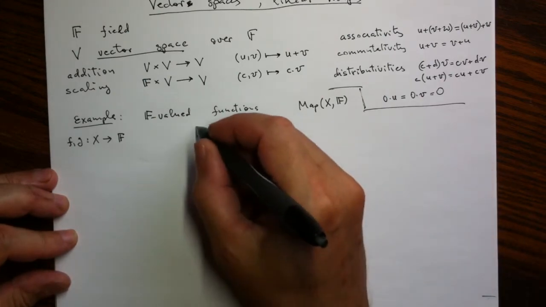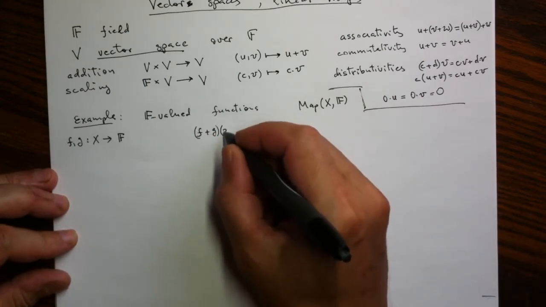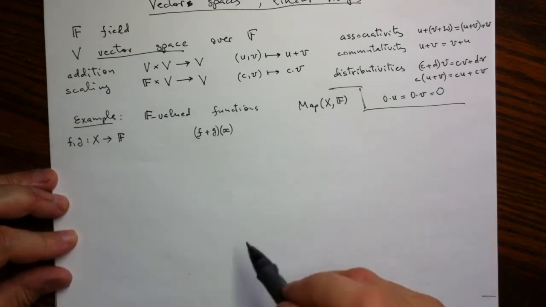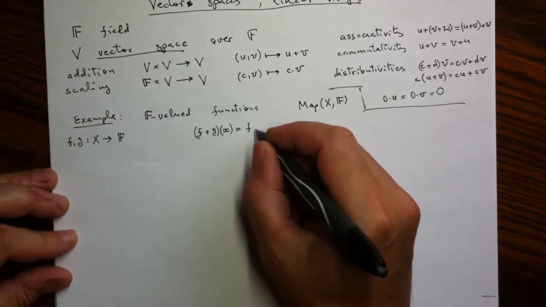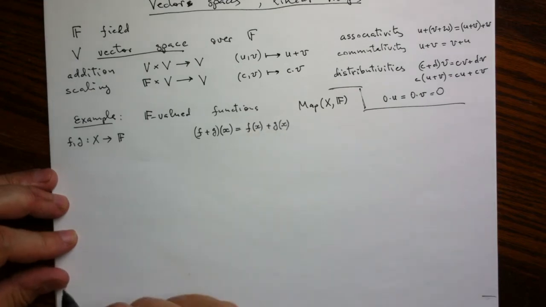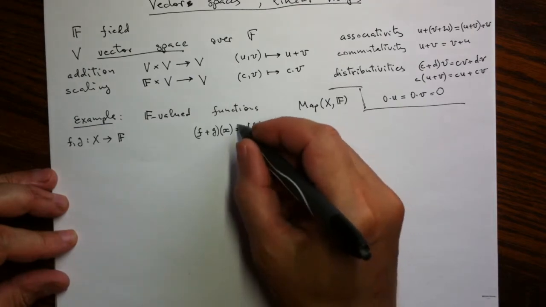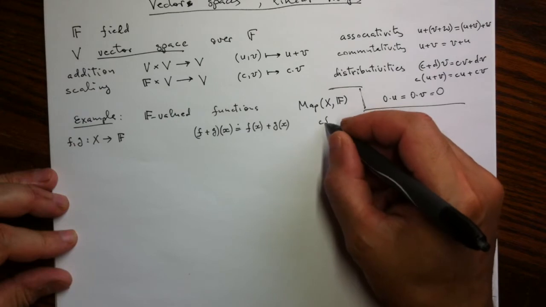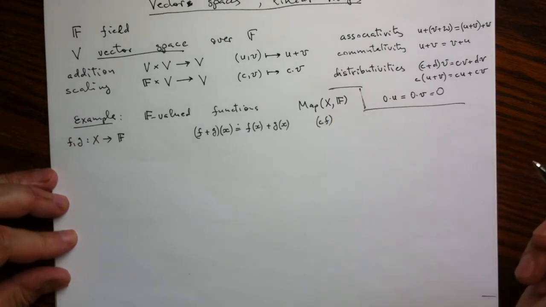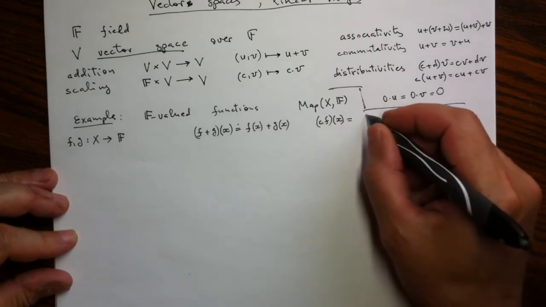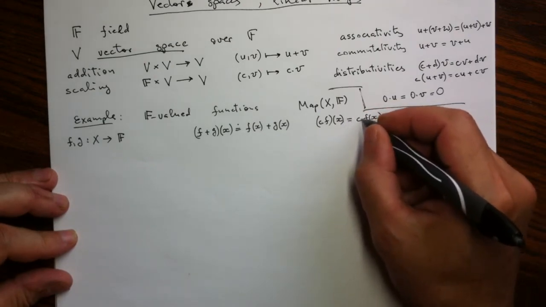To define a function, I need to give a way of computing its values on any element in my source X. Here is the rule: just compute the values of f and g and take the sum. That is the definition of addition of functions. The same way we can define the scaling of any function with any scaling coefficient. It is a function again, and its value on x is the value of f scaled.